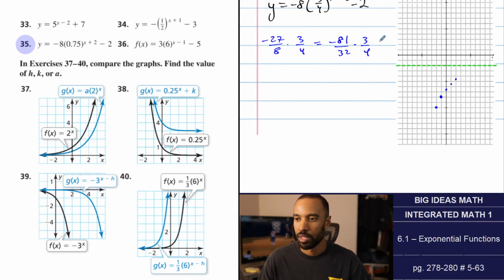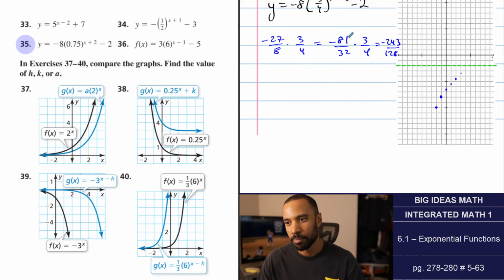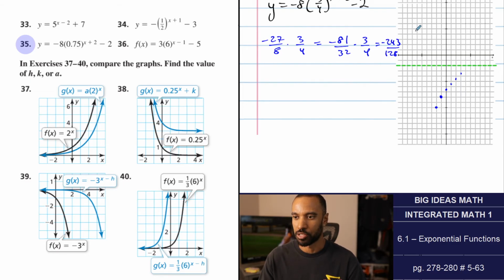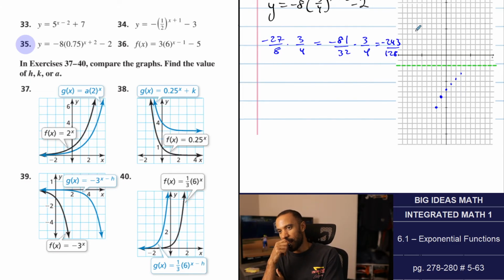So it's negative 243 over 128, which is less than negative 1.5, because that would be negative 256 over 128. Less than negative 1.5? How could that be more? Is that right? 243 over 128. That looks like a different kind of jump there than that one is. I must have messed up on my jumps here. Let me think about that one, because I'm known to mess up some of my fractions here. 128.